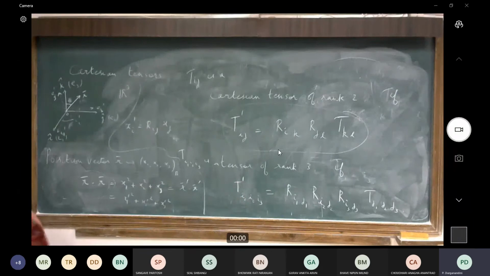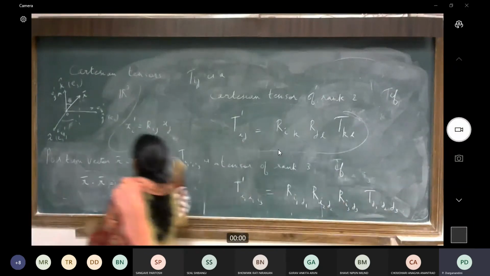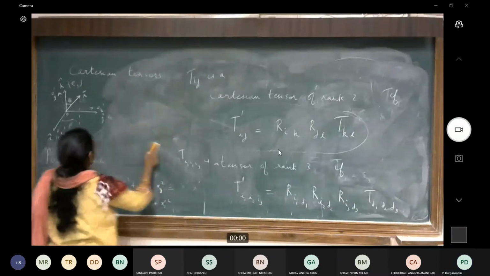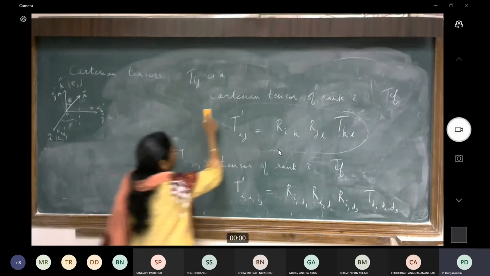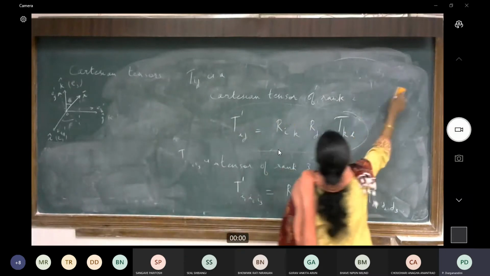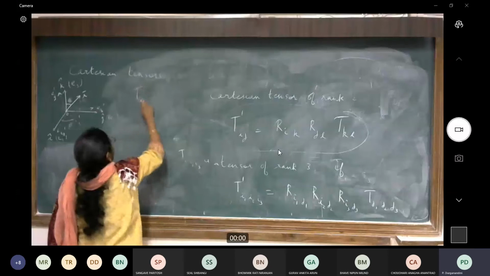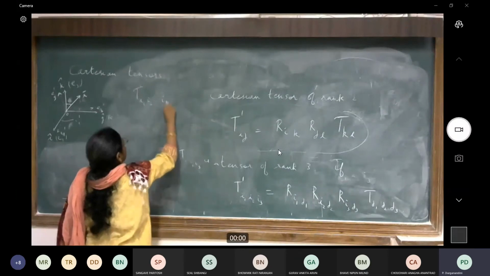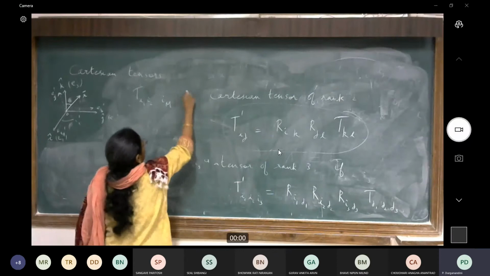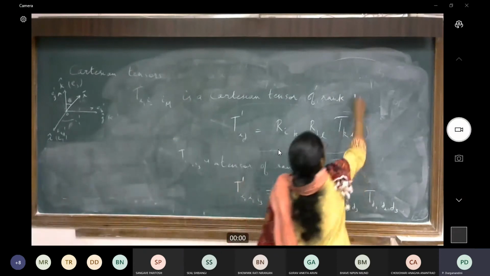And more generally, now I've talked of the third rank tensor, and we can talk of an mth rank tensor. So I'm going to define a tensor of rank m. I can talk of Ti1, i2, ..., im, and because it is a Cartesian tensor, I must require m indices.